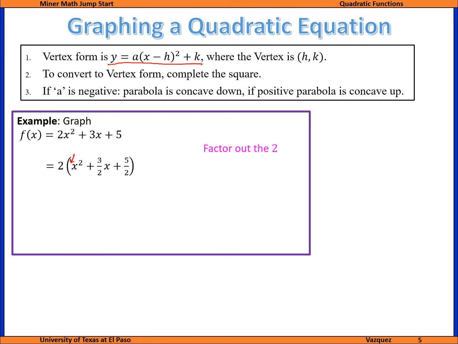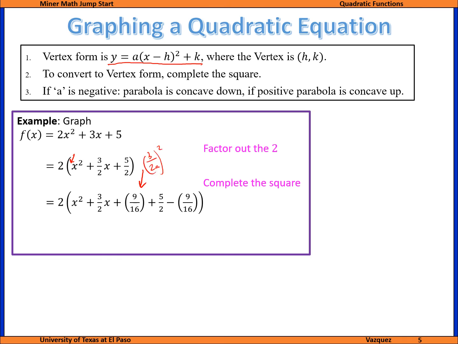So again, it's b over 2a squared. So we're going to complete the square. I'm just going to show you what this is, b over 2a right here, squared. And I added it and I subtracted it, right?